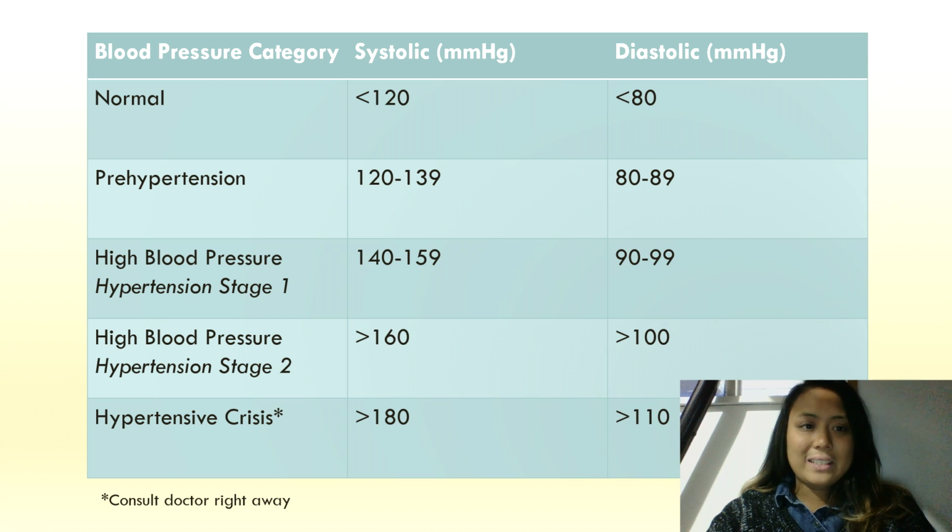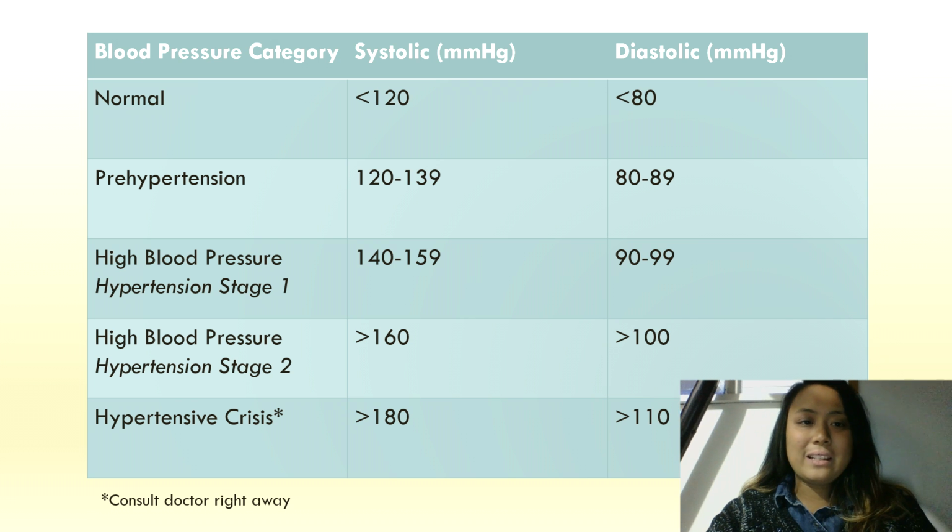Moving right along, this chart shows the different ranges of blood pressure and their categories. First, normal blood pressure is a reading that is less than 120 on the systolic side and less than 80 on the diastolic side. Next, we have pre-hypertension that starts at 120 and ranges to 139 on the systolic side and 80 through 89 on the diastolic side.